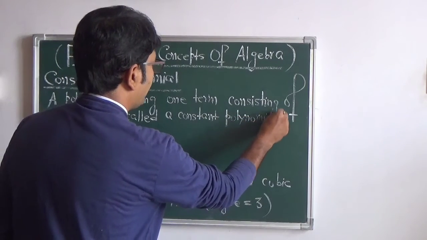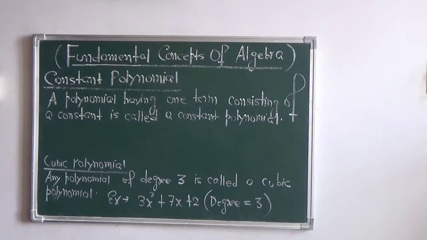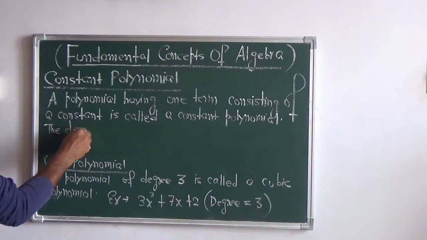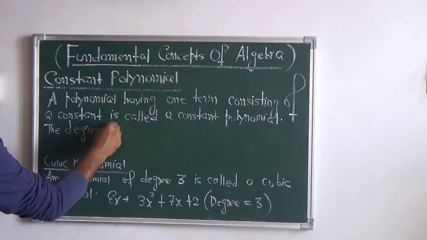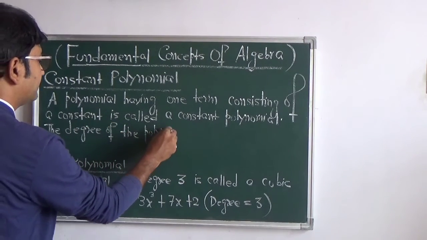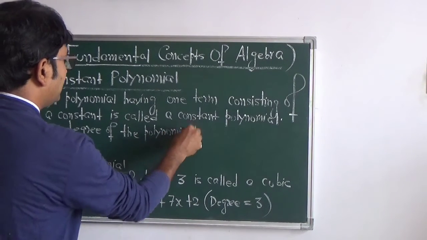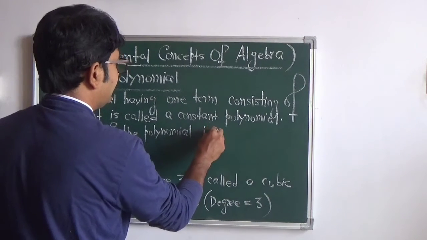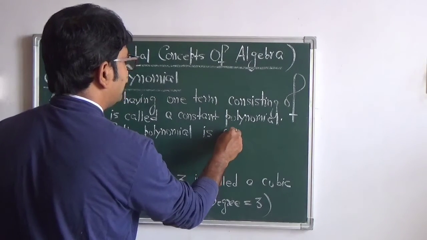Here, what can be the degree of the polynomial for a constant polynomial? Can anyone tell? It is 0.